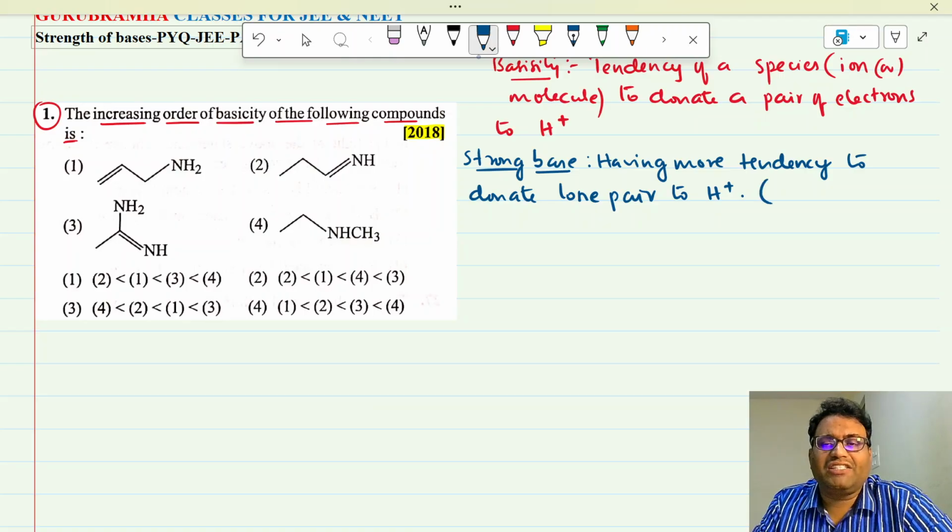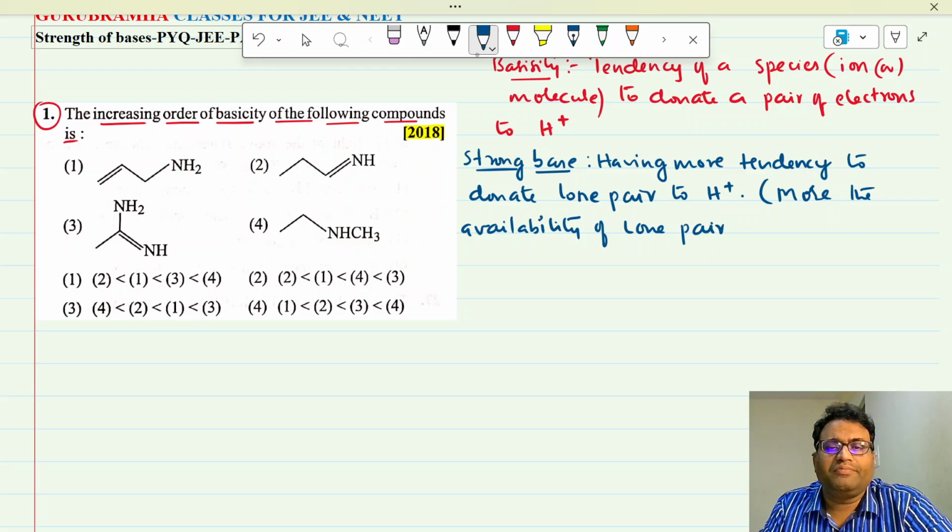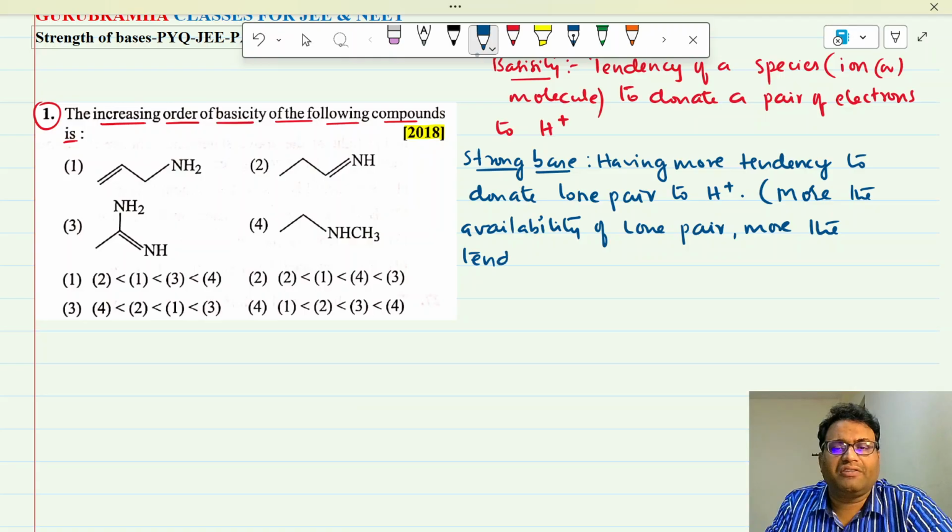So we can say that the more the availability of lone pair, the more the tendency to donate.